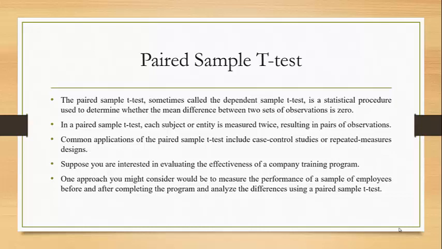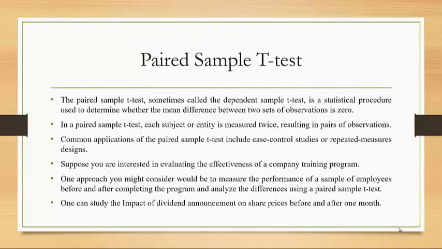As I've explained, common applications of the paired sample t-test include case control studies or repeated measures designs. Another example is that we can study the impact of dividend announcement on share prices before and after 1 month. Normally in the market, when the dividend is announced, the share prices react to that announcement.